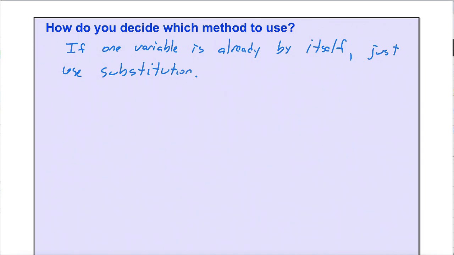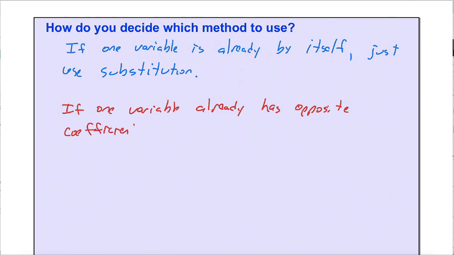On the other hand, if one variable already has opposite coefficients, like the 4y and the negative 4y that we saw, then just add the equations to use elimination.